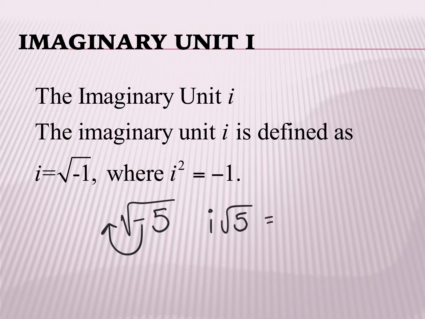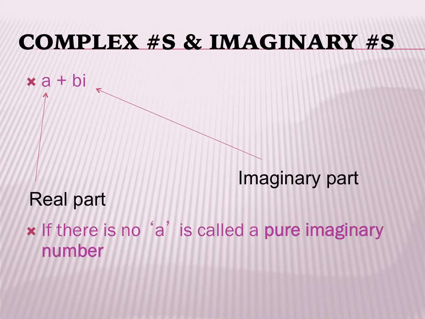It could be in the front or after the root, but it can't be under the root. We are going to add, subtract, multiply, divide, and do complex quadratic formulas with these, and then eventually put it together with what we did at the end of 2.3.